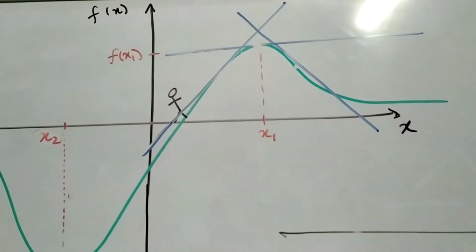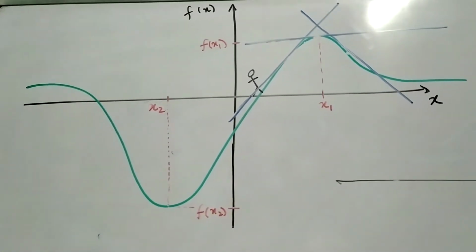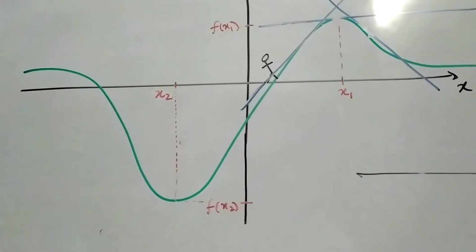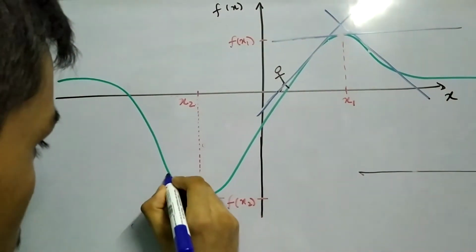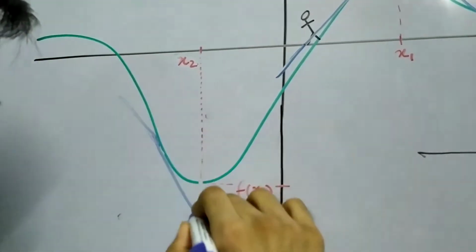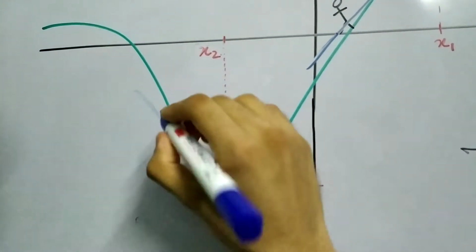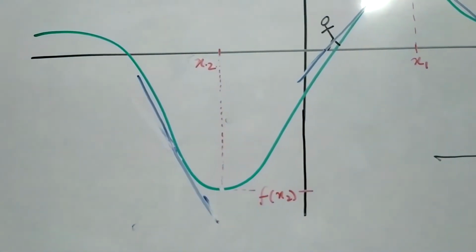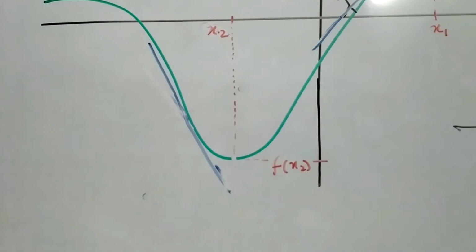And similarly, this logic can be extended to your minimum value of x, or minima. The slope before x2, the minimum point, is negative, is downward. So if the function is decreasing, your slope is negative.